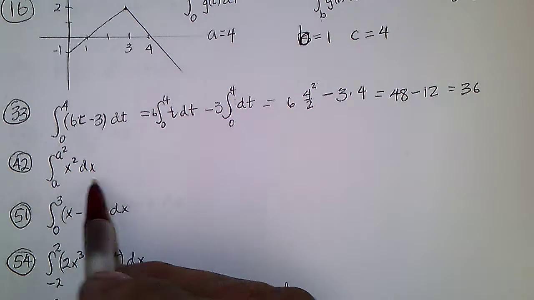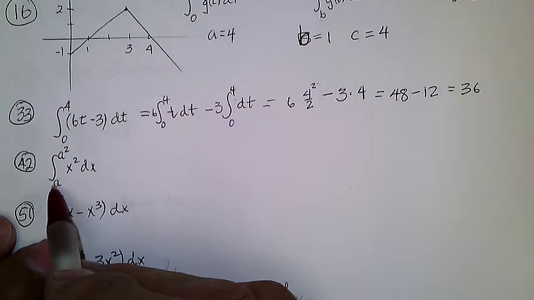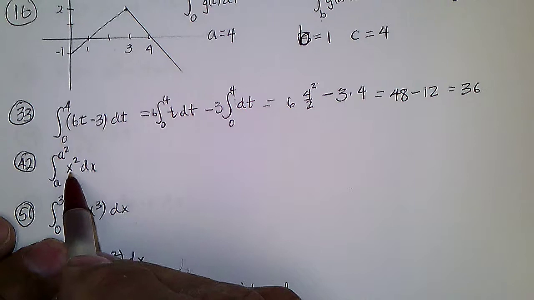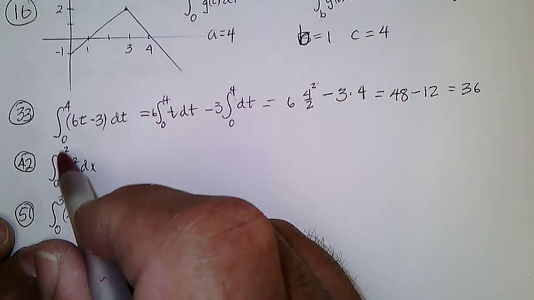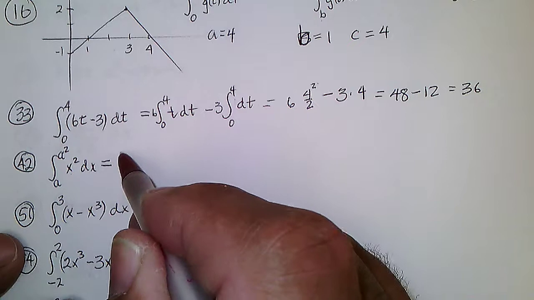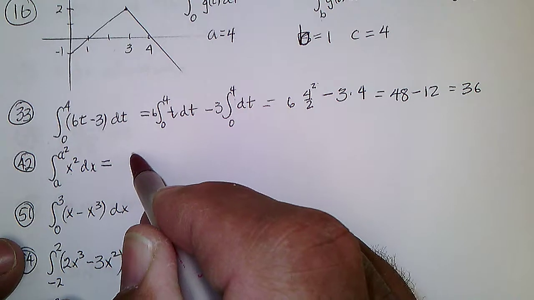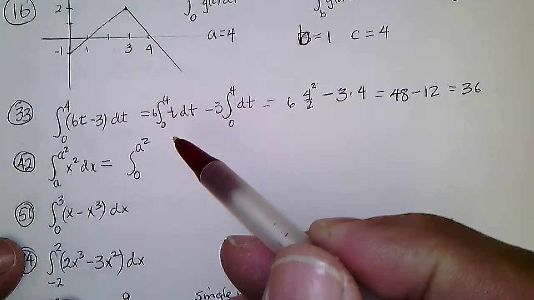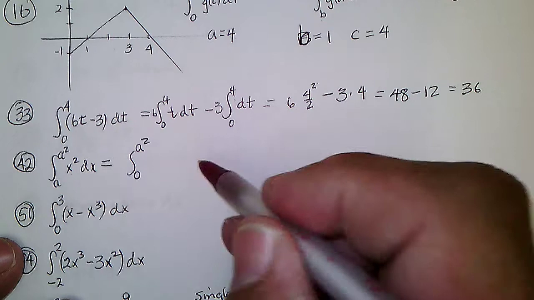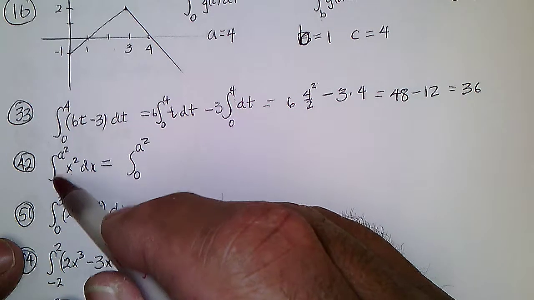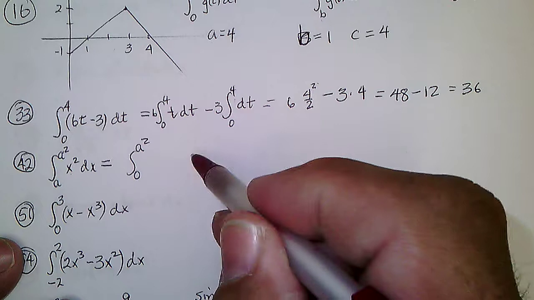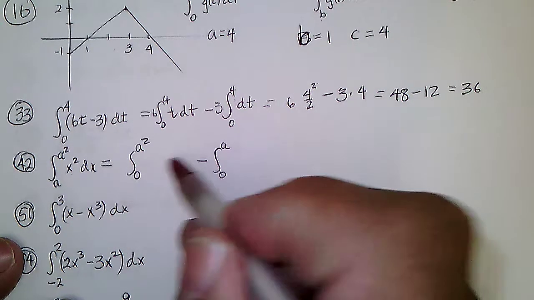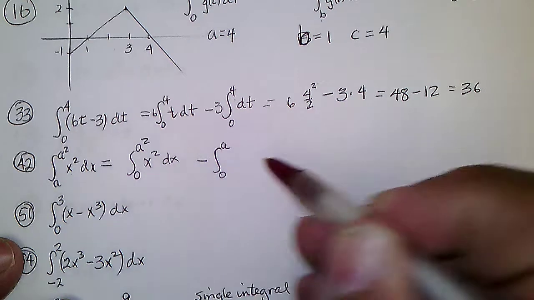Now for x squared, it says if it goes from 0 to something, it's this to the third over 3. But this doesn't do that, so we have to write this as two separate integrals. We can go from 0 to a squared, if 0 was in between here. And for the other one, we'd go from a to 0, but we can turn it around to be minus the integral from 0 to a of x squared dx.